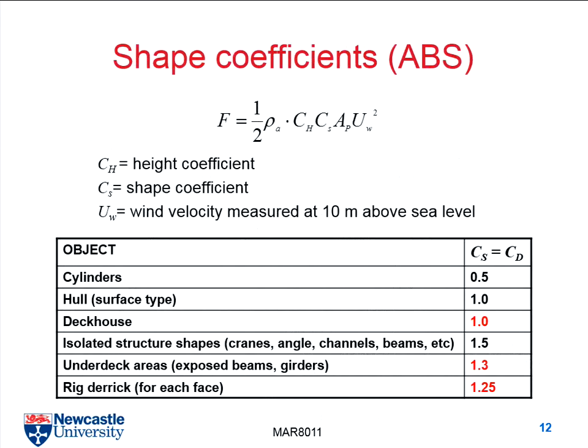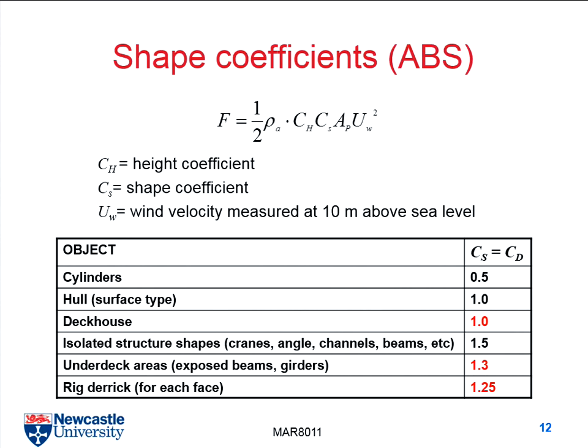But according to the criteria from ABS, American Bureau of Shipping, they have a bit different equation. They calculate the things separately, and they have one more coefficient.